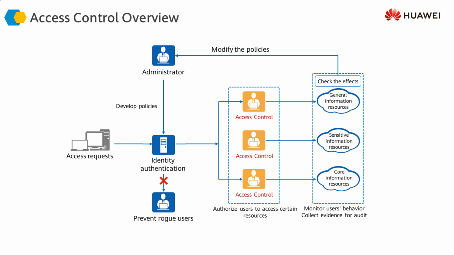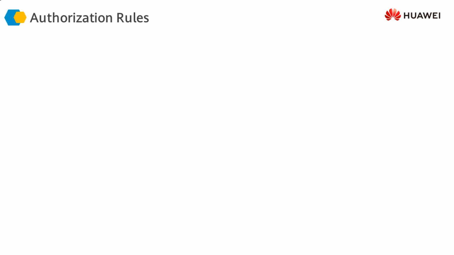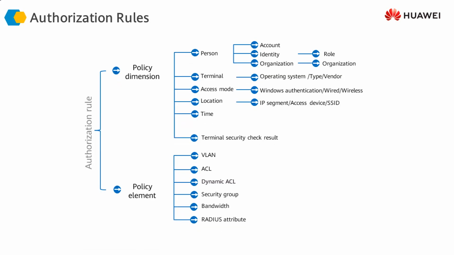But before that, let's take just a brief look at what we mean by authorization. Because authentication we're going to cover in a lot of detail, but we'll take a brief look at what authorization is. The authorization rules that we configure on our devices or on our network controllers consist of two parts.